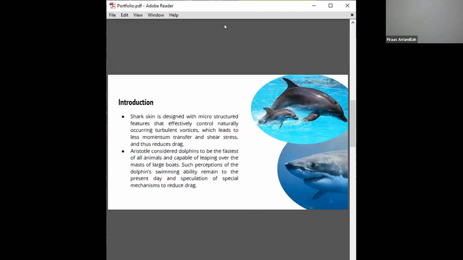Dolphins have special mechanisms, namely body and appendage shape, viscous damping, dermal ridge and secretion, and the last one, behavioral mechanism for drag reduction. The idea that dolphins have a special mechanism to reduce drag has been interesting. That's all for me. Thank you.